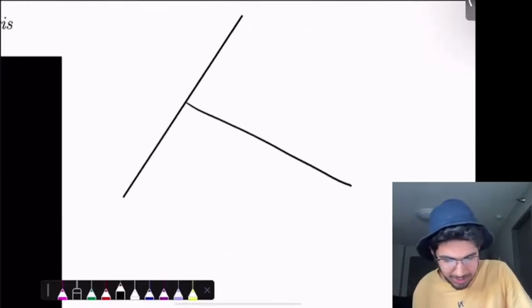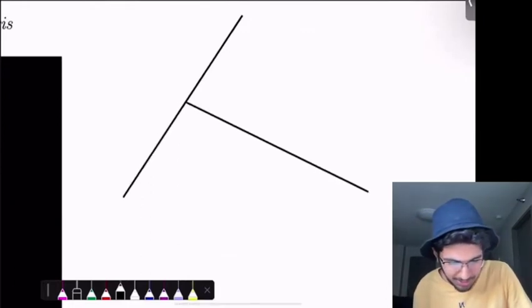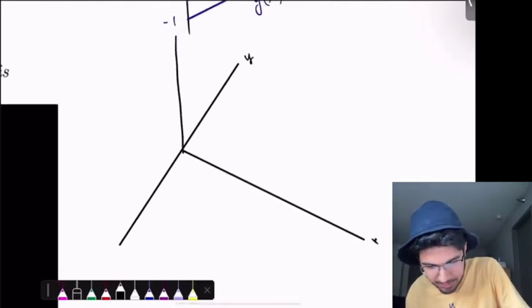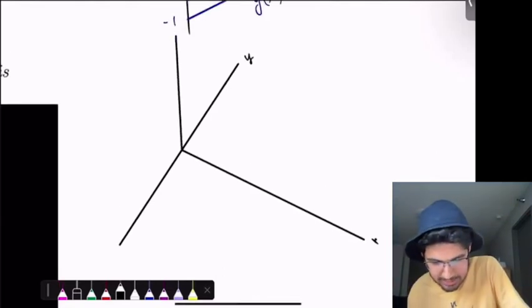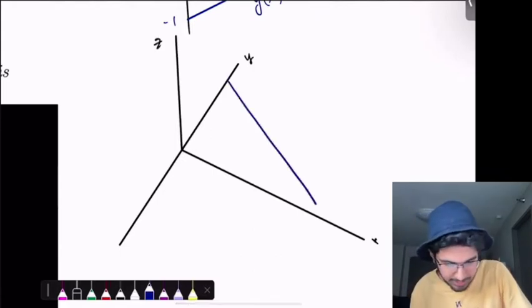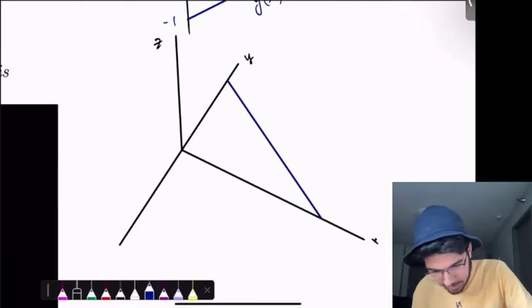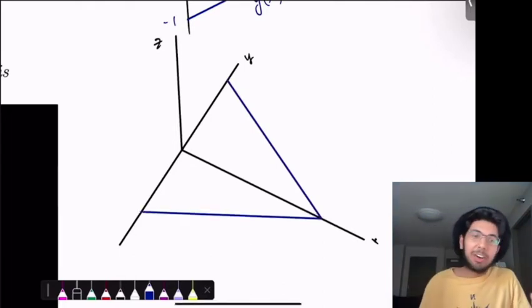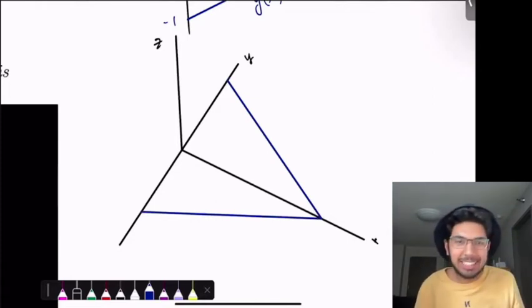So again, I'll do my skewed view. This is the x-axis, this is the y-axis, this is the z-axis, and then we have lines going like this and this. Okay, so now our cross sections are perpendicular to the y-axis.